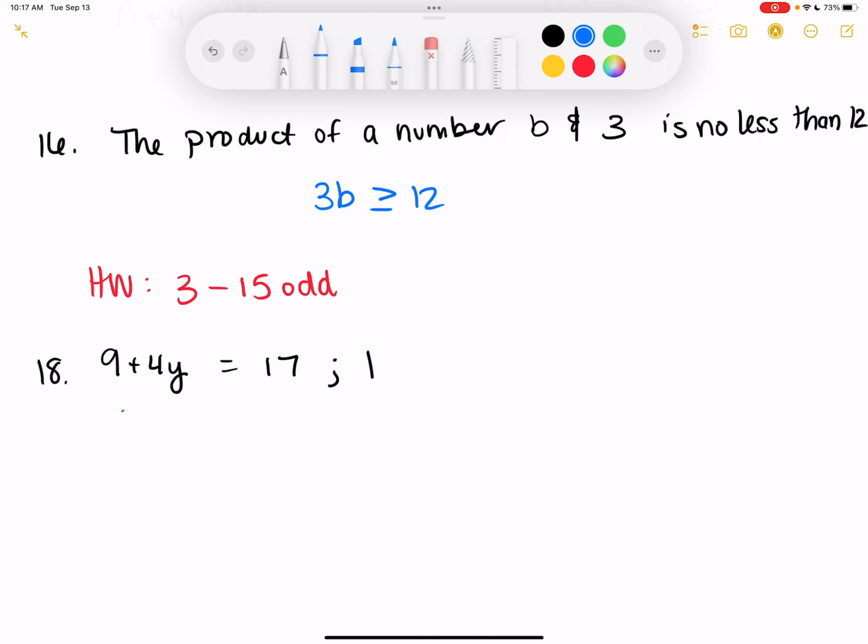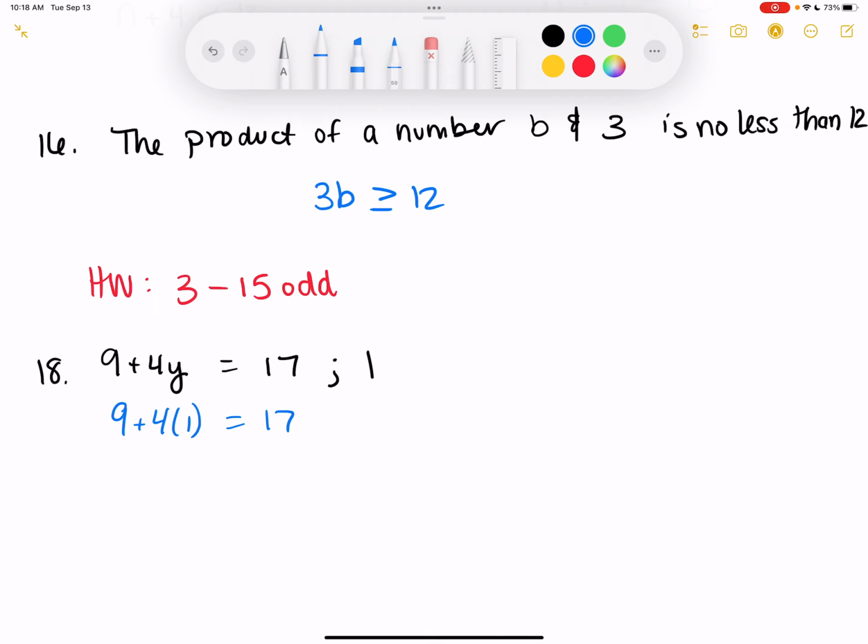So I have 9 plus 4 times 1 equals 17. And when you have a problem like this, you leave everything on the left and everything on the right. You don't move stuff from left to right like you normally would when solving an equation. So we want to see if the left is equal to the right.